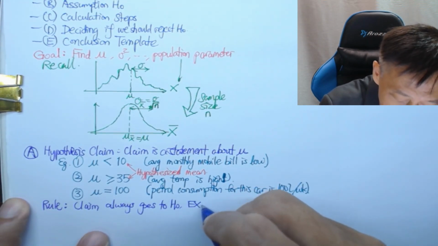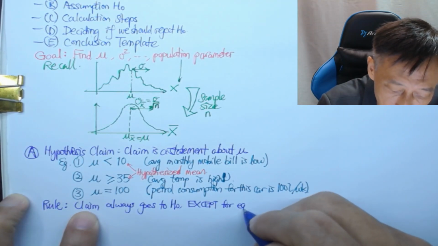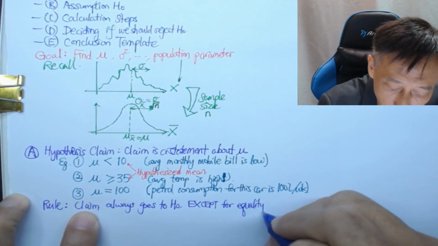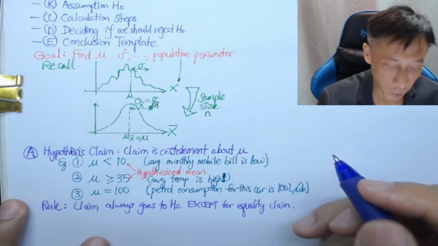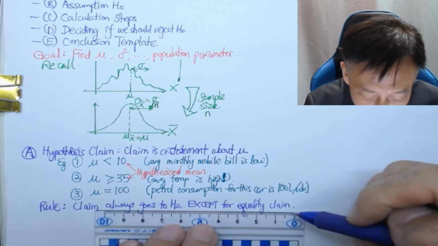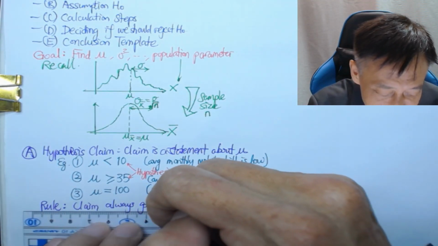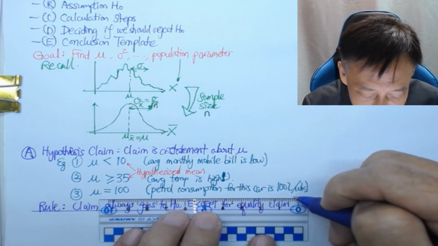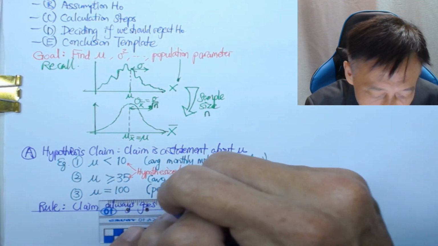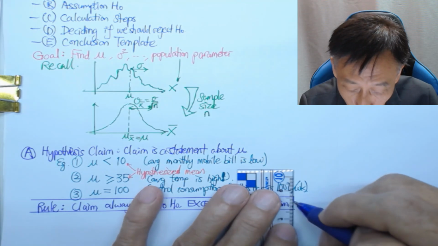Except for equality claim. That's it. So very, very important rule here so that you can always get your exam questions, test questions right the first time, right? And one time only. You don't need to repeat. You don't need to be unsure.